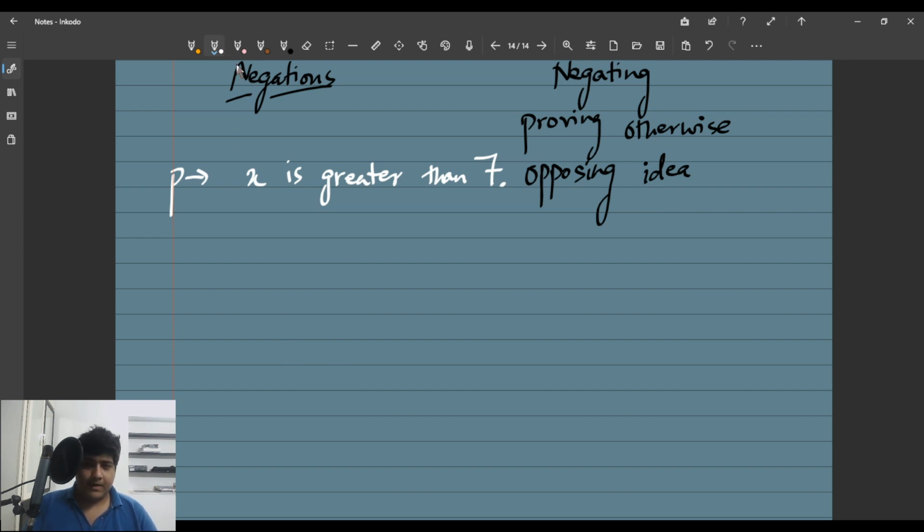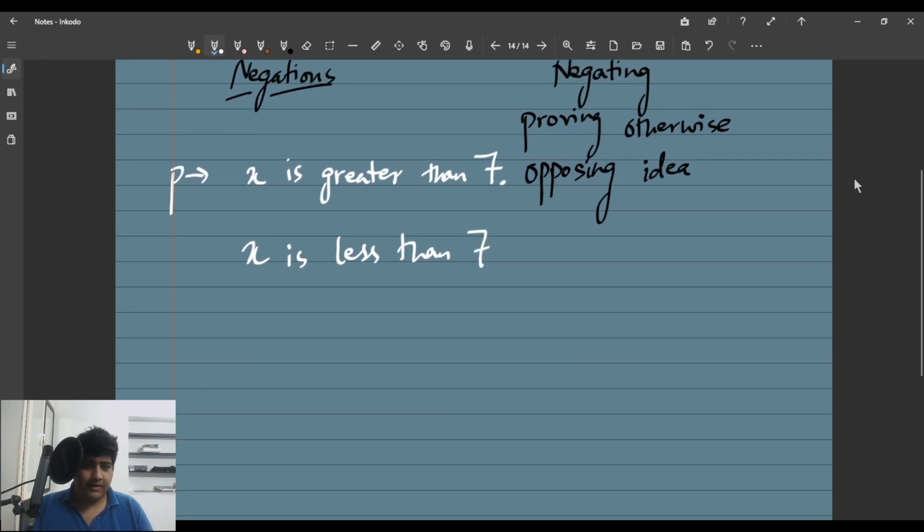So can he say that x is less than 7? Is this the only way of proving me incorrect? Think about it. What if the guy says x is equal to 7?